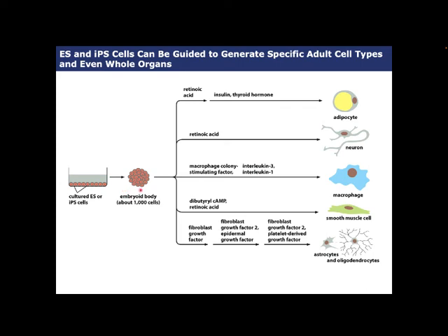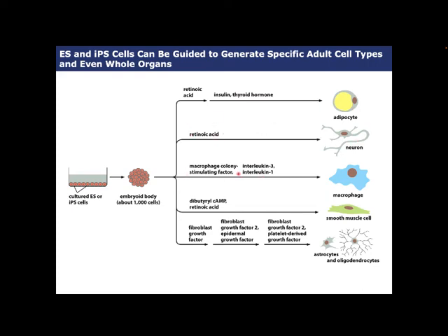The embryoid body is a well-established method to differentiate the cells, where the aggregation of cells makes an embryo-like environment for these pluripotent stem cells. If we add specific factors such as retinoic acid and insulin, that promotes the differentiation of these stem cells toward adipocytes. Retinoic acid also promotes neuronal differentiation.